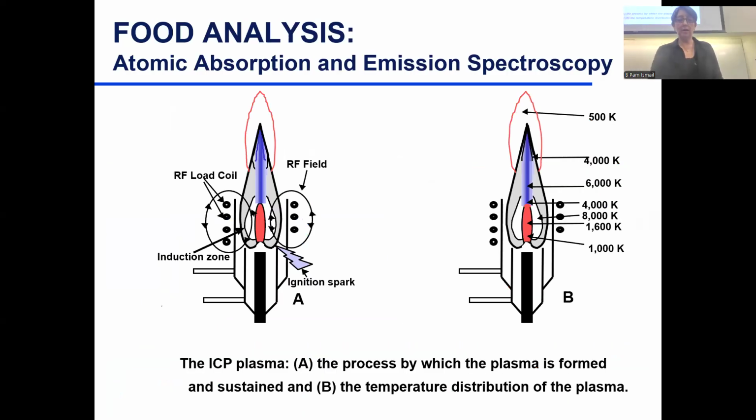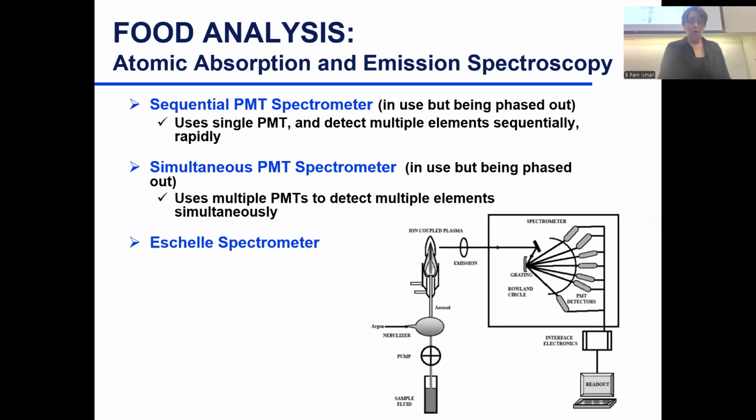So this is just a diagram to show you the plasma and how it's ignited. So just FYI. And this is more on the detectors. So sequential, meaning at the cheapest, you have a spectrometer with one PMT, and you just dial and change the wavelength sequentially and measure the emission of multiple elements.